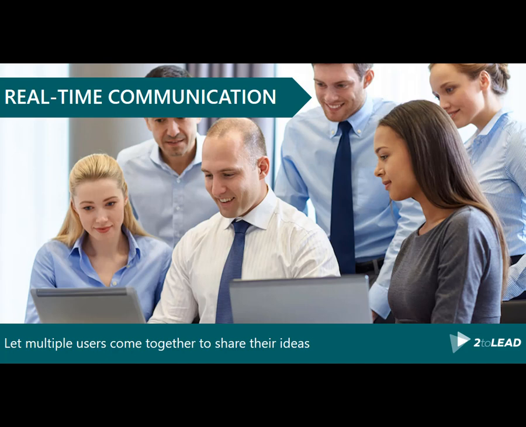Synchronous or real-time communication takes place when the recipients and the sender are essentially available at the same time. And this is happening when you're doing an audio or a video conversation such as Skype.